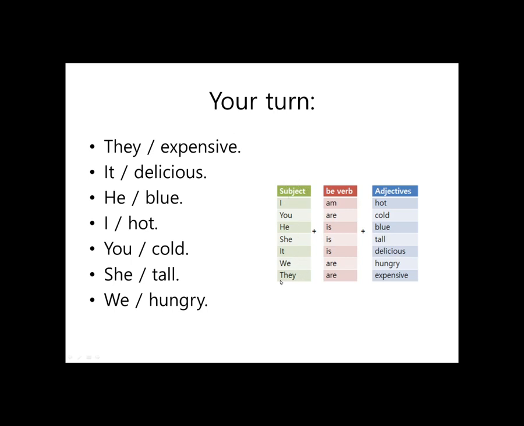So we have they are expensive. So they are expensive. That's a full sentence with the correct be verb. It, let's have a look. It, be verb, is delicious. Okay, so work through these. Pause your video and then come back to check your answers.